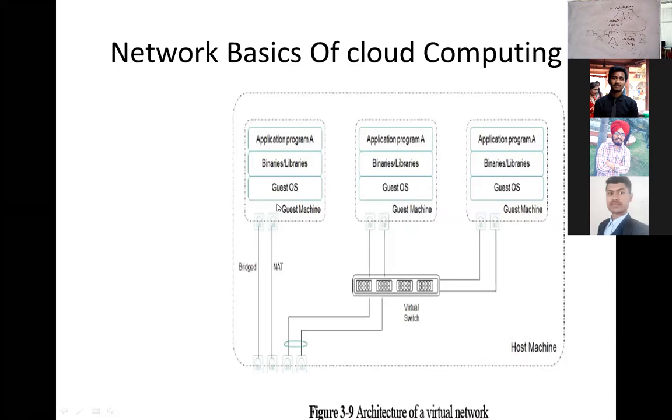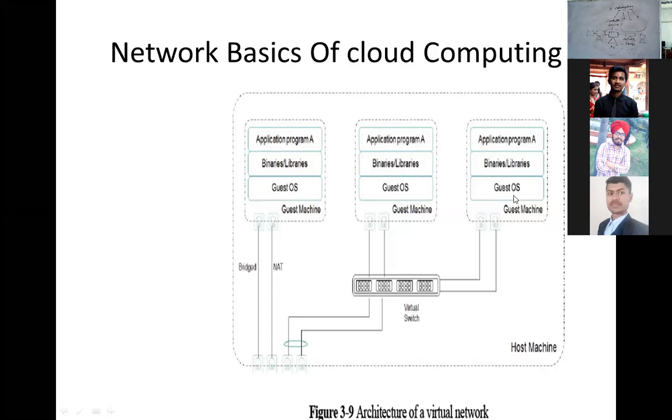When there are three virtual machines and we want them to interact with each other, exchange data and information, or interact with the host machine, note that they don't have any memory or hard disk associated with them.